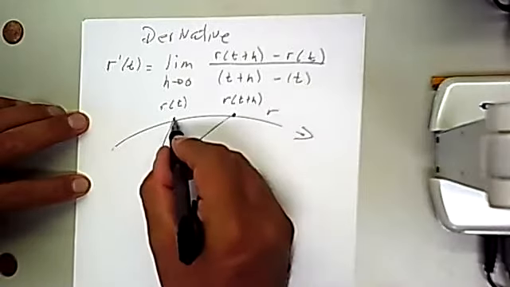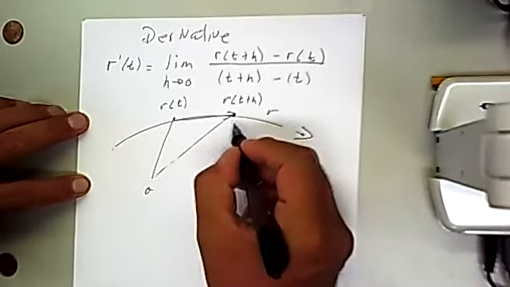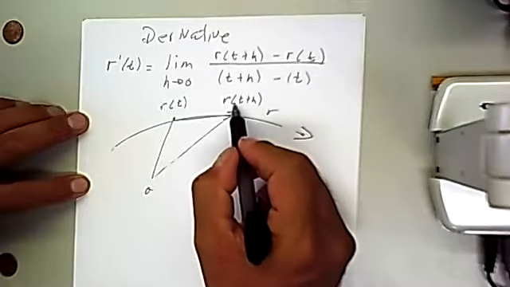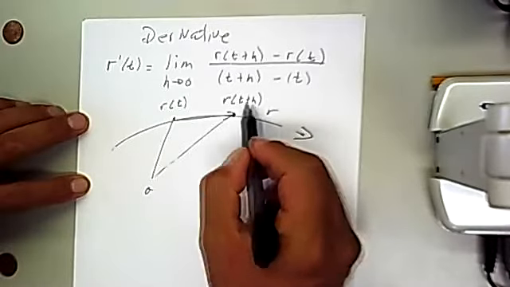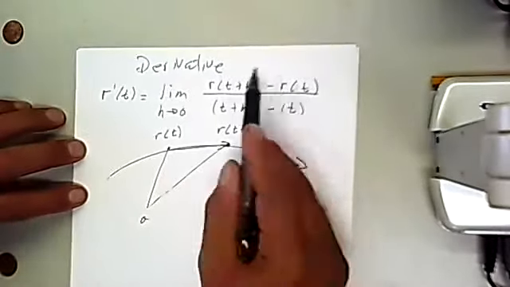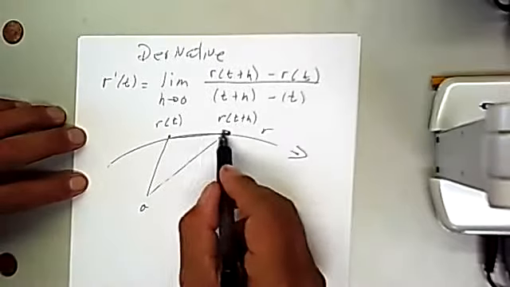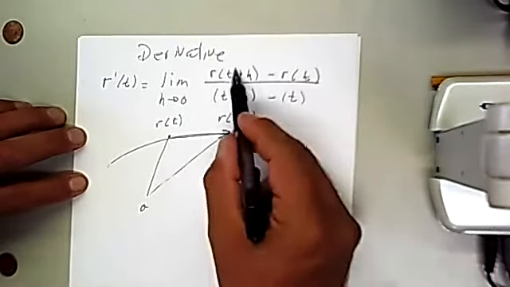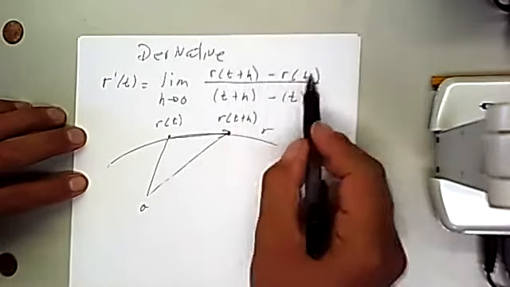And the difference would be this vector. When we subtract R of t plus h minus R of t, which is the numerator of this quotient, we end up with this vector. So this vector is this numerator.